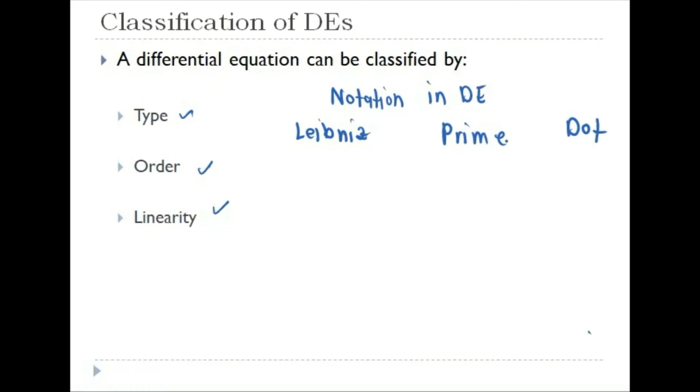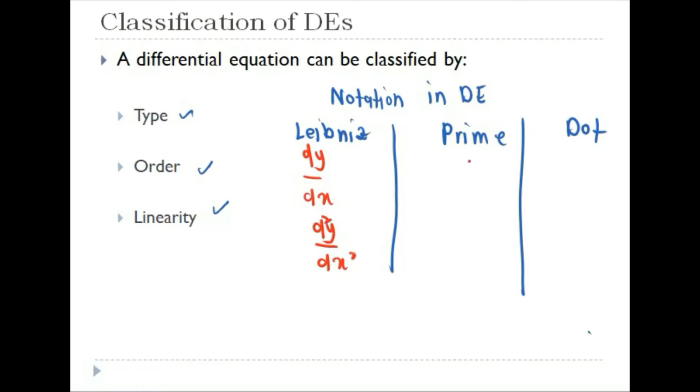Leibniz is the common one, just dy dx, d squared y over dx squared. Prime is y prime for first order, y double prime for second order. For dot, we replace the prime with a dot above the variable. Y dot means first order, y double dot means second order, and normally dot is used by physics. So you have to take note here.